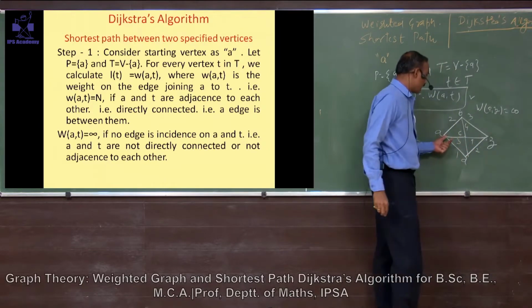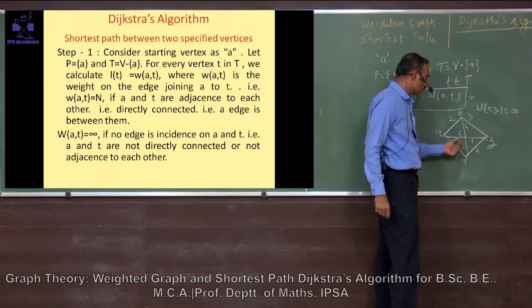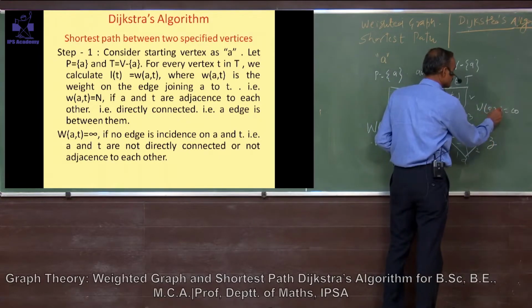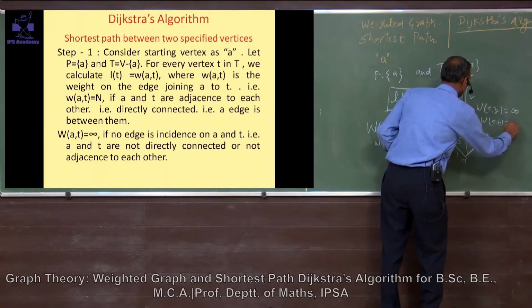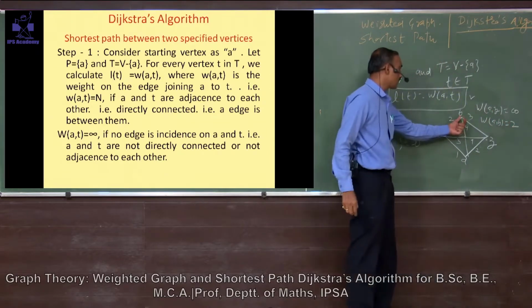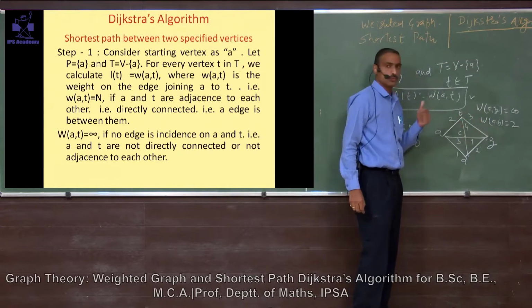Here A and Z are not directly connected, that means they are not adjacent to each other, so we put W of A comma Z equals infinity. But the value of W of A comma B will be 2, because they are adjacent to each other.